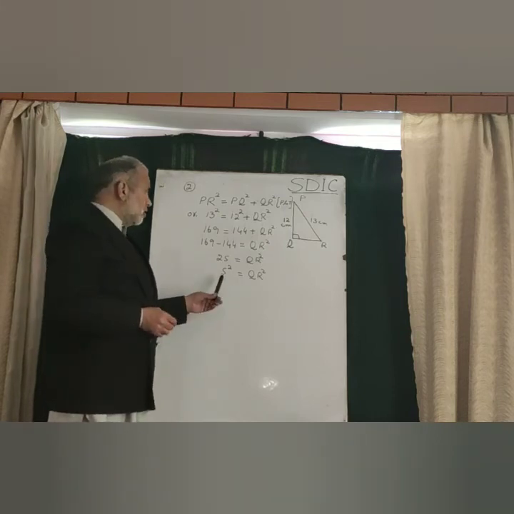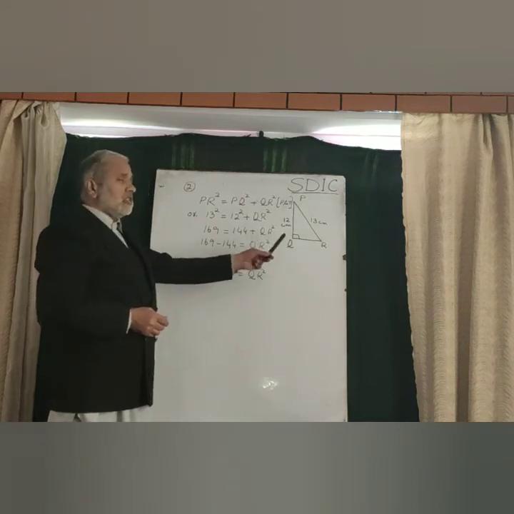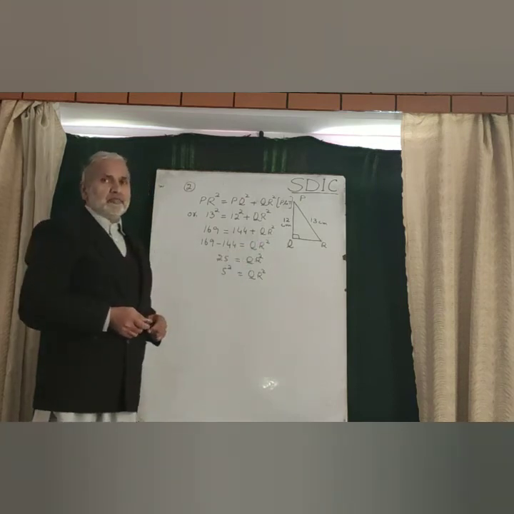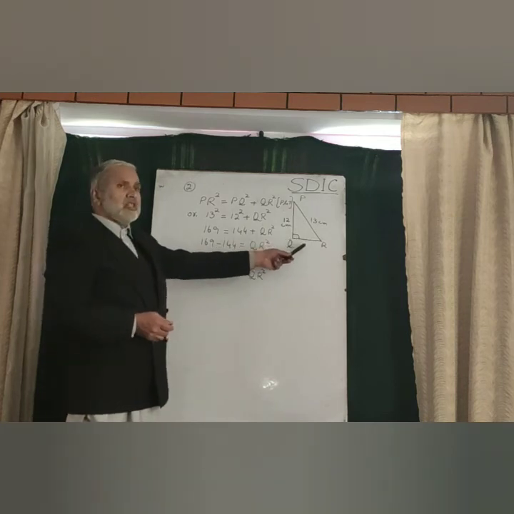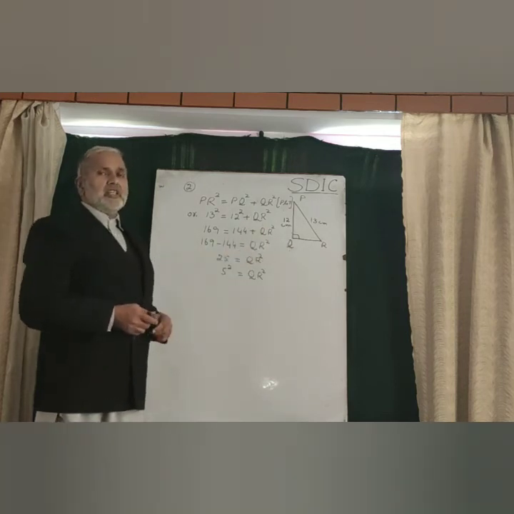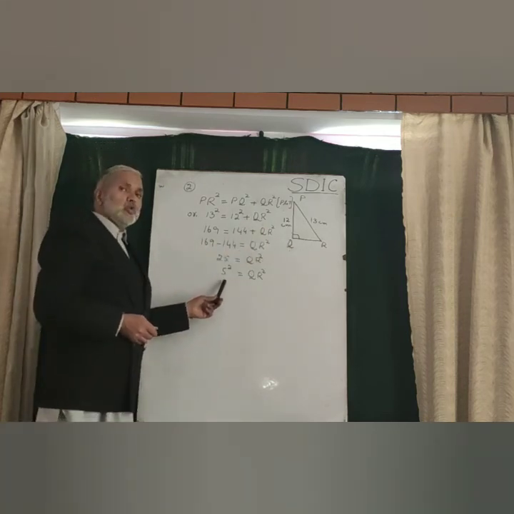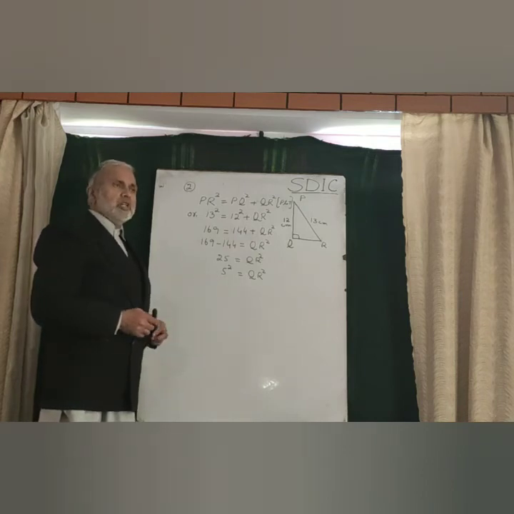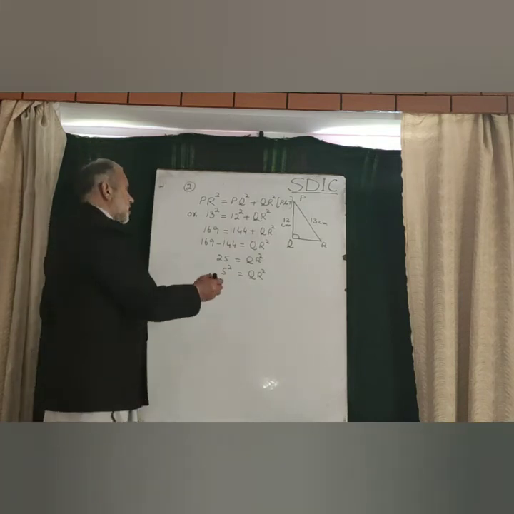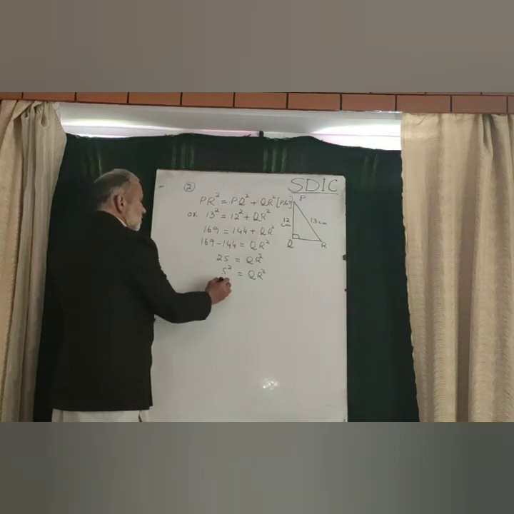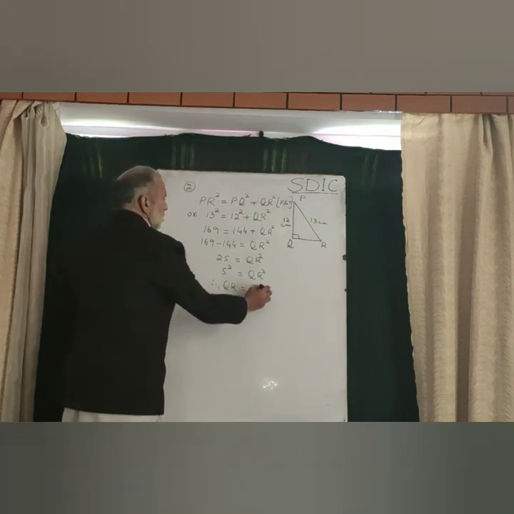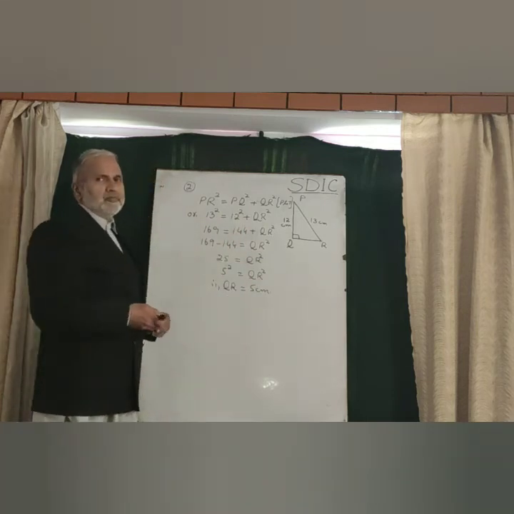But here we use only plus sign because the length of the side can never be negative. QR is the length of side, and the length of side can never be negative. That is why we don't use that minus sign. Removing squares on both sides, we'll get the measurement of third side QR equal to 5 centimeters.